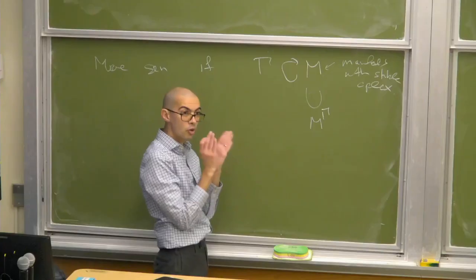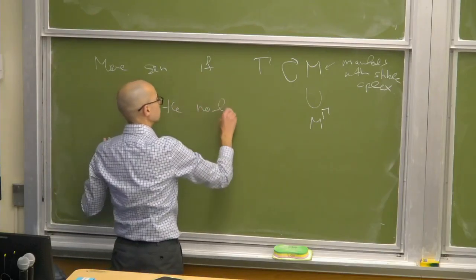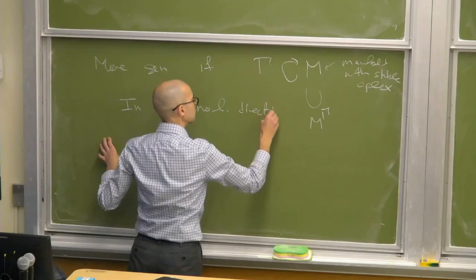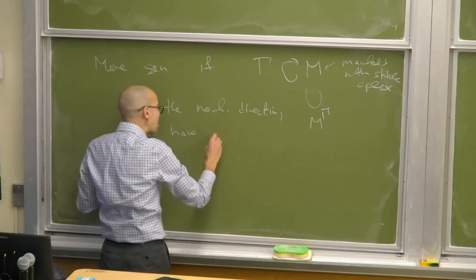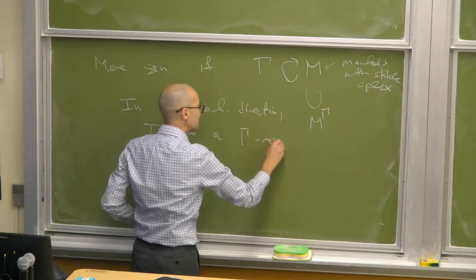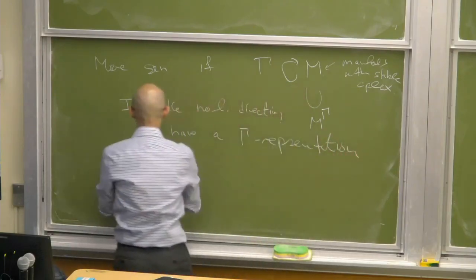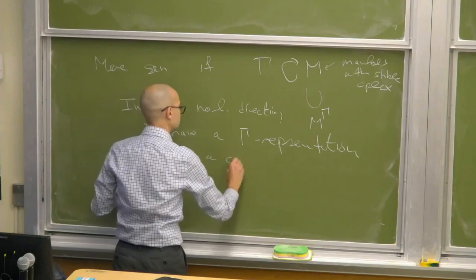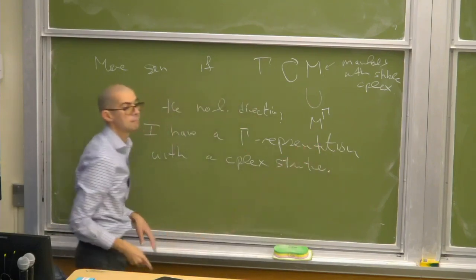Okay, then what I'm going to see is in the normal direction, I have a complex structure. Or I can basically have a Gamma representation with a complex structure. Okay?